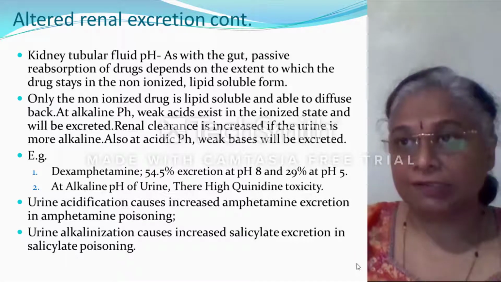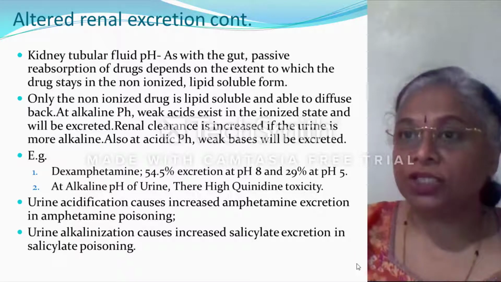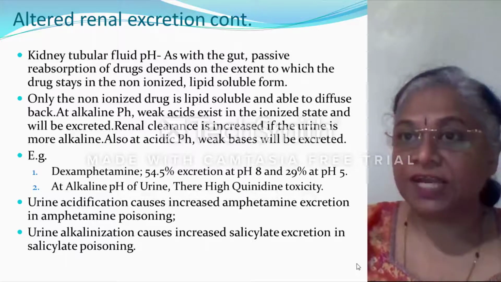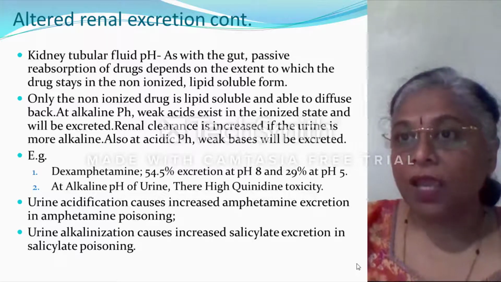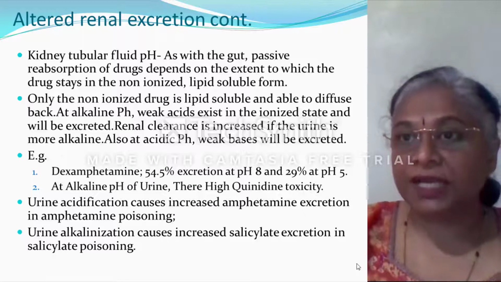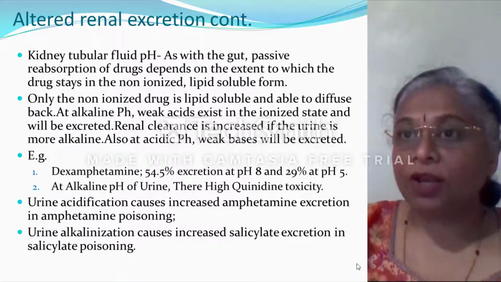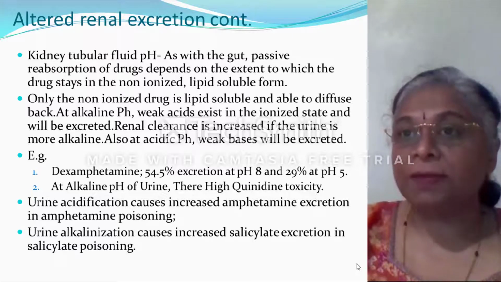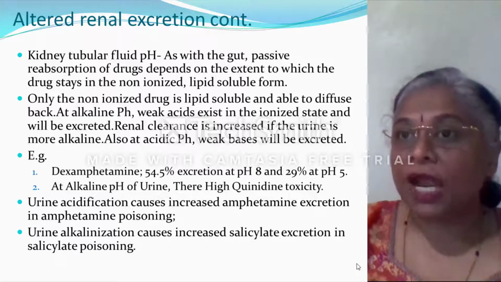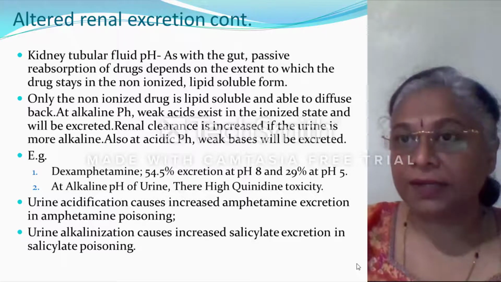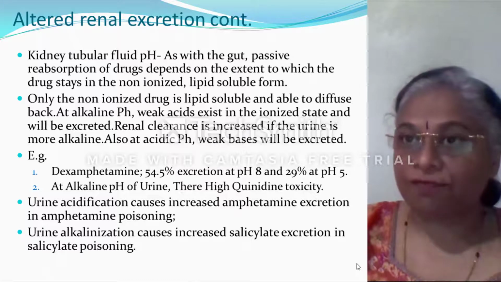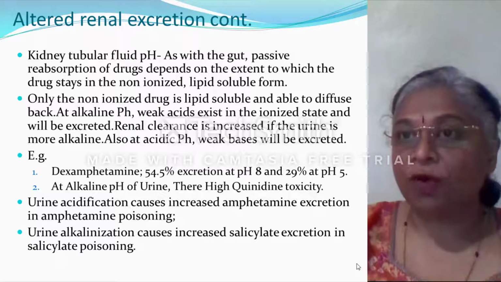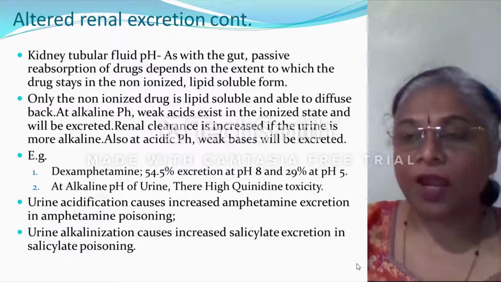Here I would like to get your attention to barbiturate poisoning. Barbiturates are usually present in sedative or hypnotic tablets. If there is an intoxication with these sedatives containing barbiturate, then one remedy is to alkalinize the urine by giving bicarbonates systemically, so that the pH of the urine shifts to the alkaline side and sodium barbiturate salts are formed, which are in the ionized form and, being in a salt form, are water soluble and get excreted at a much faster rate.